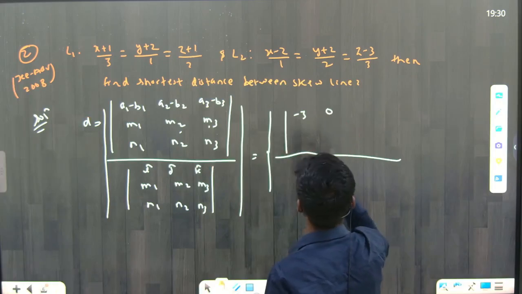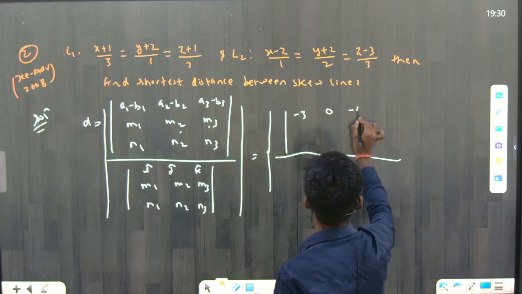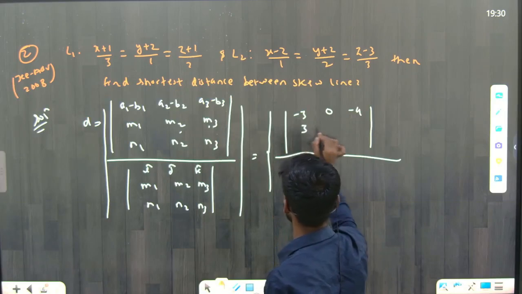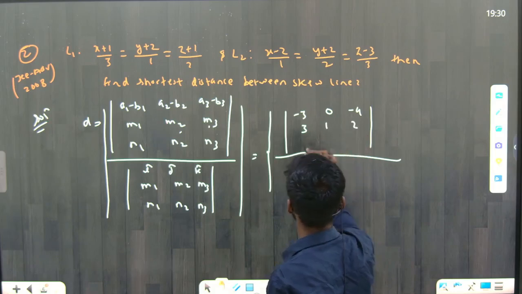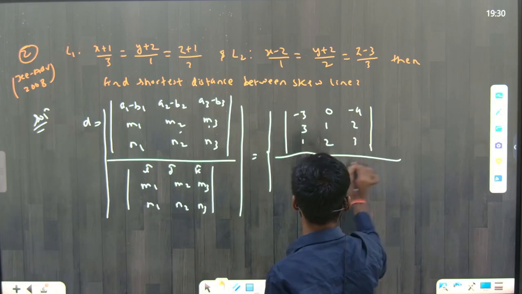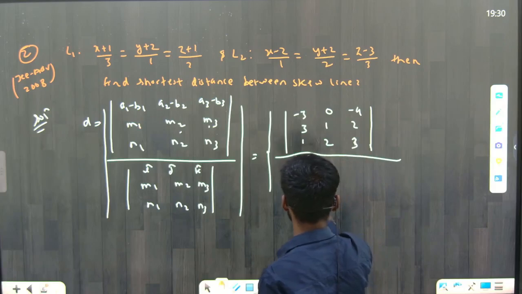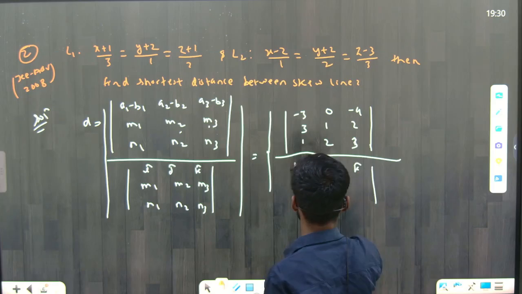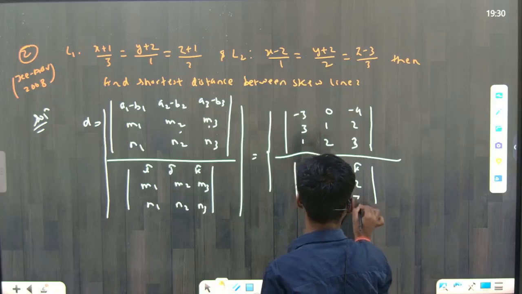Here it is 1, minus 1, minus 3, minus 4. But what is the parallel vector? 3, 1, 2, 1, 2, 3. Here is i cap, j cap, k cap. So the parallel vectors are 3, 1, 2 and another 1, 2, 3.